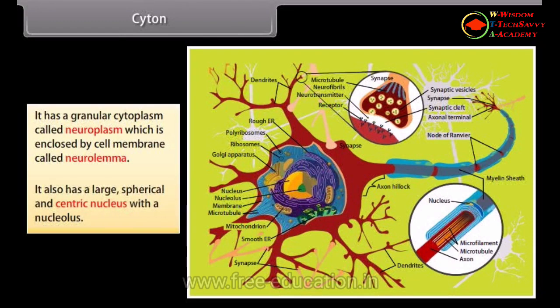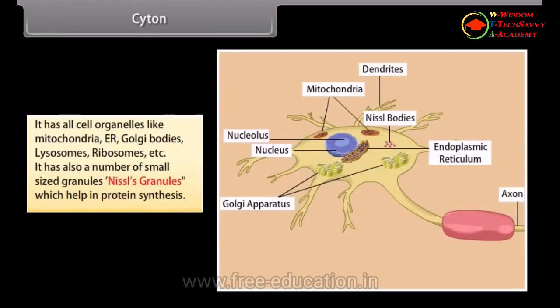It also has a large spherical and centric nucleus with a nucleolus. It has all cell organelles like mitochondria, ER, Golgi bodies, lysosomes, ribosomes, etc. It also has a number of small-sized granules, Nissl's granules, which help in protein synthesis.